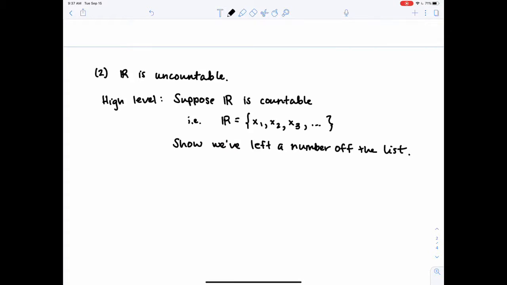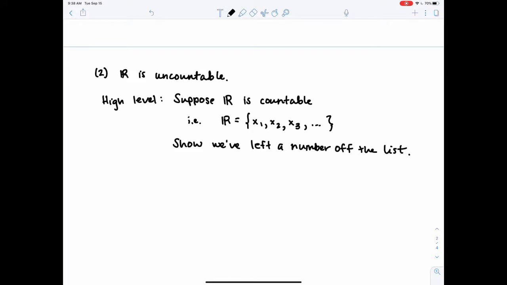And there are a couple of ways that you can prove sets are uncountable. For example, if you already know you have an uncountable set and then you show it has the same cardinality as another set, then that other set becomes uncountable as well. But one way you can do it is that you can suppose that you actually have a countable set.